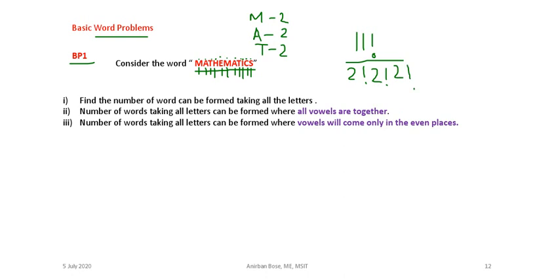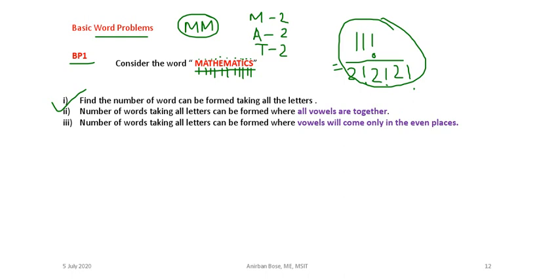The 2 M's, if they arrange among themselves, M and M, that is not going to give a new arrangement. So you have to divide by 2 factorial. Similarly for A and T. So this is the answer of the first part of the problem. How many ways we can form words, whether meaningful or not, using all these letters is this.